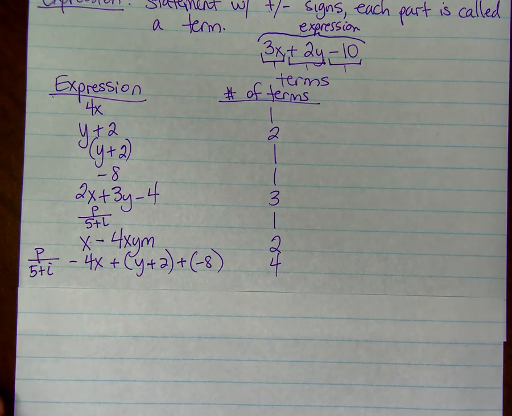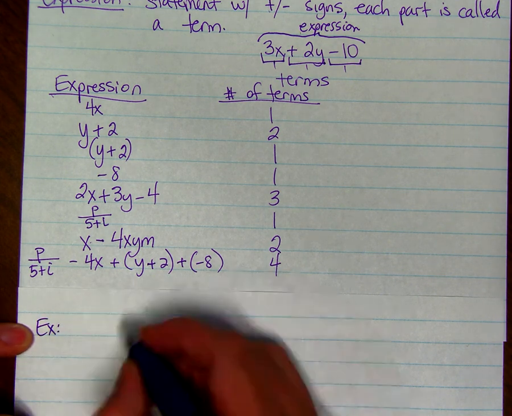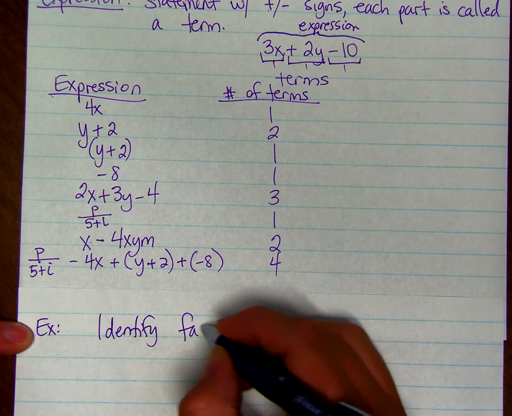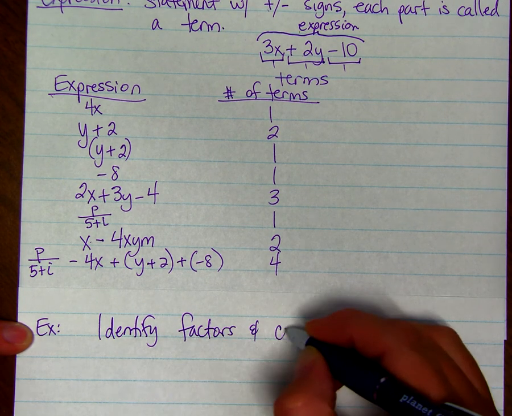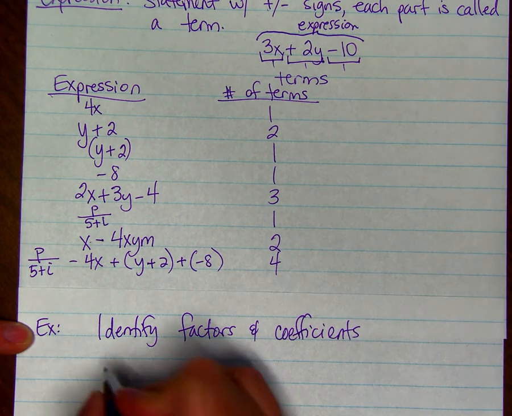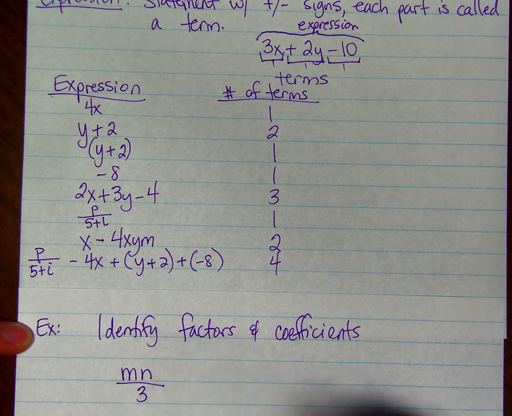Okay, the next part of this lesson is some more practice where we're going to identify factors and coefficients. So this is another example. Identify factors and coefficients. So we have mn divided by 3.